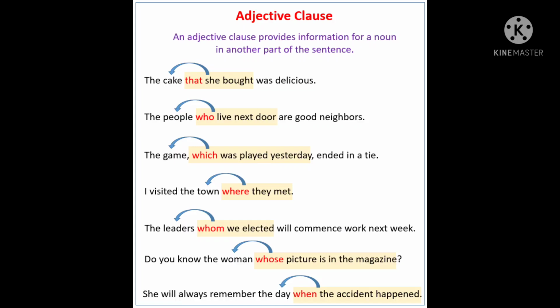The third one is adverb clause. A clause which works as an adverb and has a subject and predicate of its own is called the adverb clause. Adverb clauses often answer questions of time, place, cause, purpose, condition. Example, he got a parking ticket because he parked his car illegally.